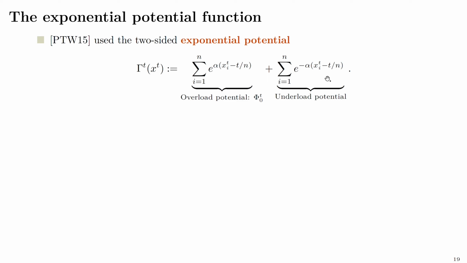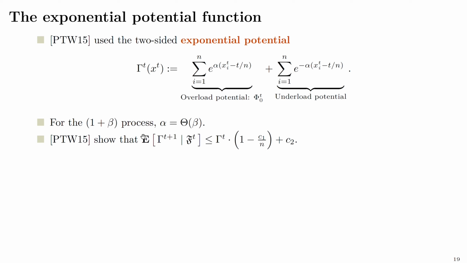So for 1 plus beta, alpha was chosen to be theta of beta, and PTW showed that the exponential potential drops by a multiplicative factor when it is sufficiently large. And using this drop inequality, one can prove using induction and the law of total expectation that the expectation of the exponential potential function is c times n for some c that depends on c1 and c2.